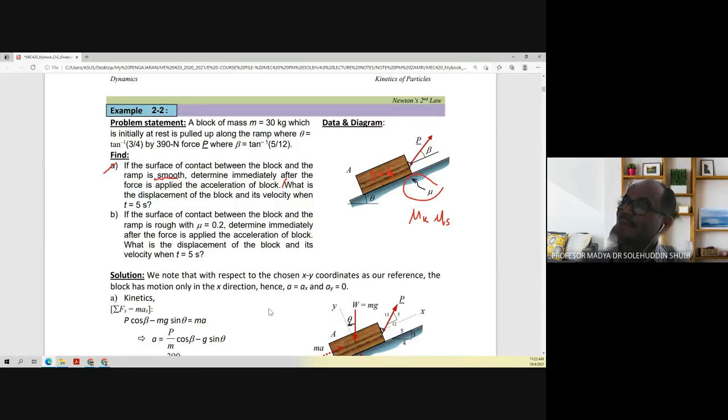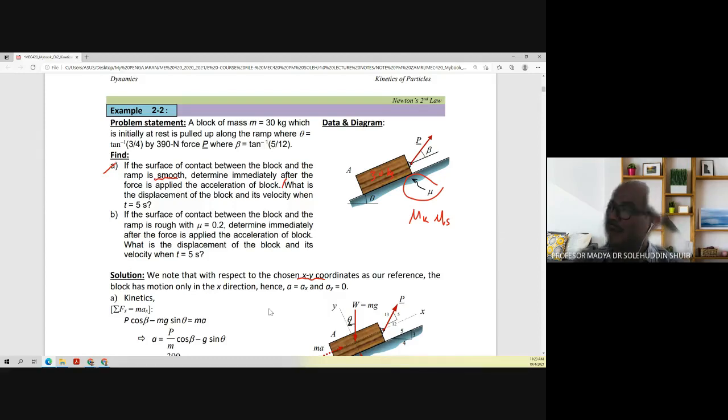Later we will have normal and tangent, for example, and cylindrical coordinates. For this one we choose the x and y coordinate system as our reference. The block only moves in the x direction.